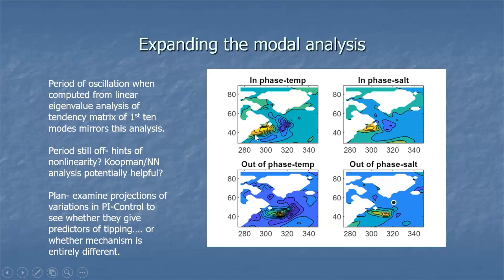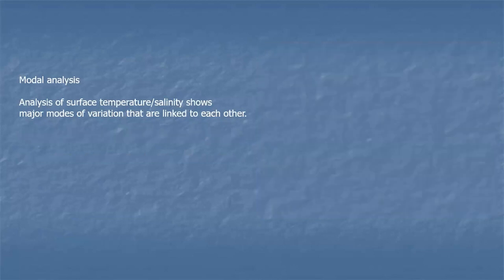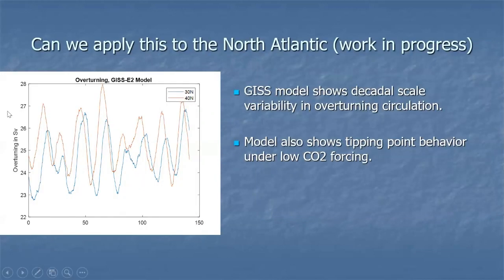And when you look at them, they are definitely associated with changes in the overturning. However, when we actually try to do a dynamical oscillation with a linear eigenvalue analysis, our model produces a prediction for the period that's 50 years. Go back here. This is clearly not a 50-year oscillation. In the model, it's 20, which is probably too fast.